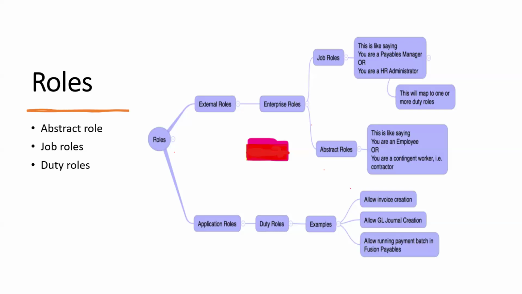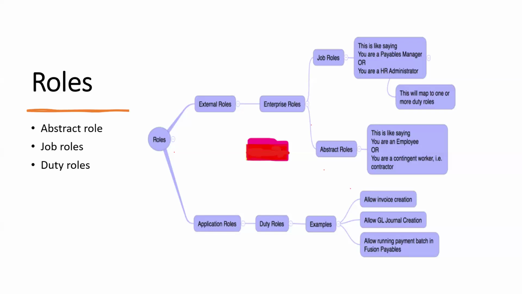And the director can also, in the same portal, access their personal data, employment data, payroll data, whatever. That is called an abstract role. So irrespective of job role or position, if you get one common role, that is called an abstract role.